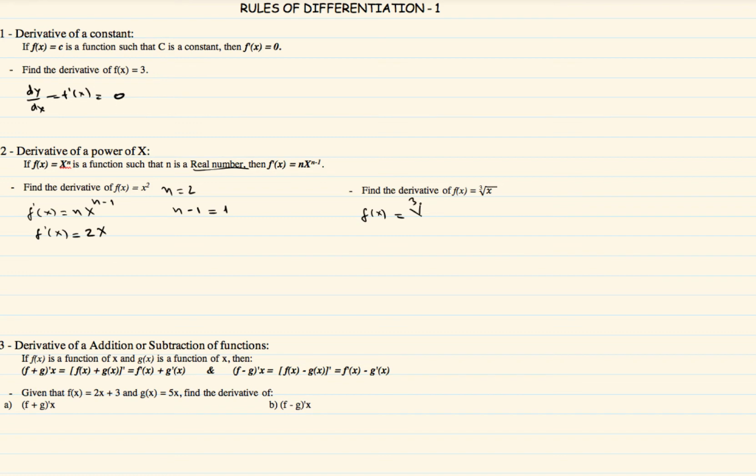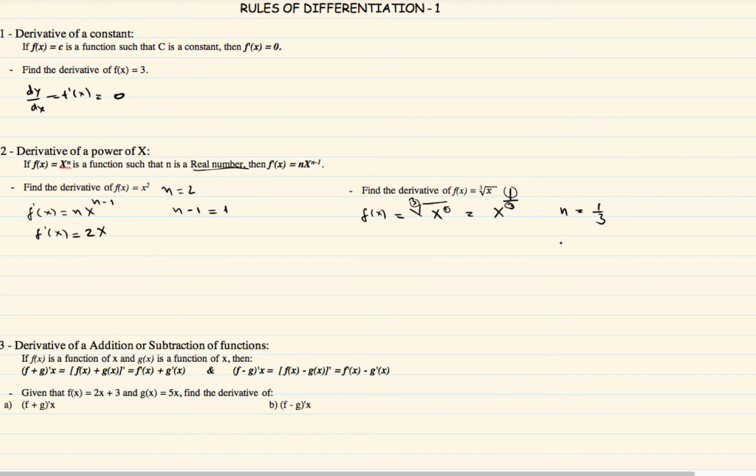When you have something like this, it means you have x raised to the power 1 divided by the index of the root. So we have x raised to 1 by 3. This 1 was from this side and this 3 came to this side. So now our n is 1 by 3.